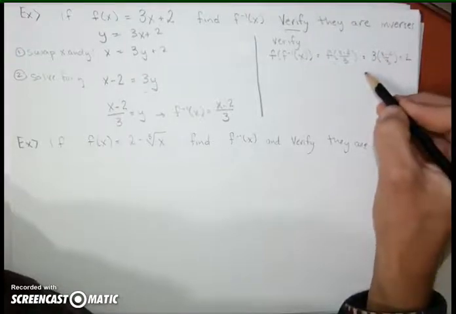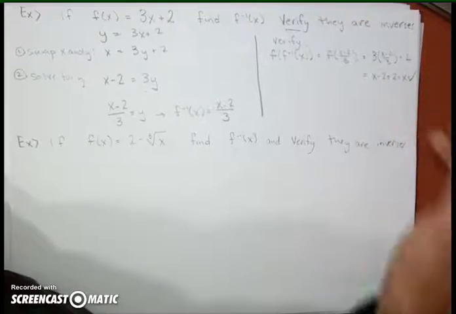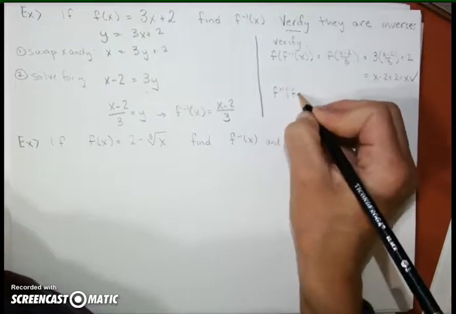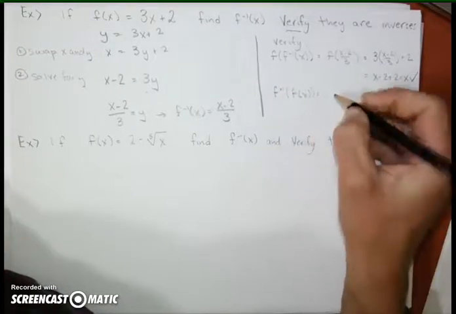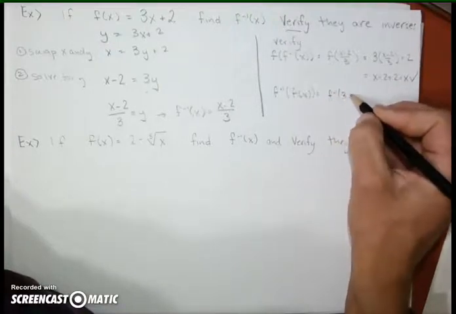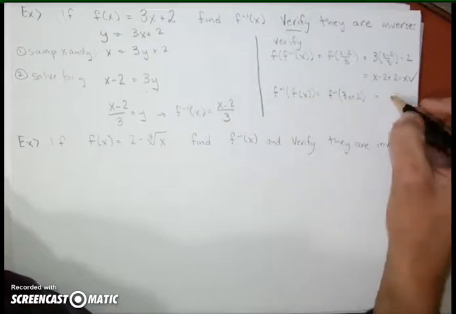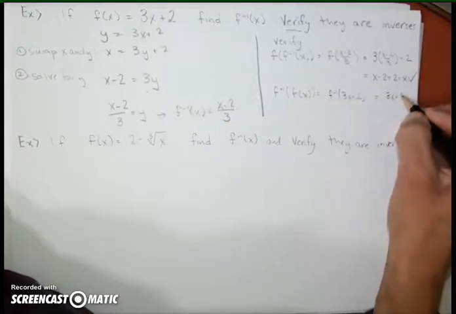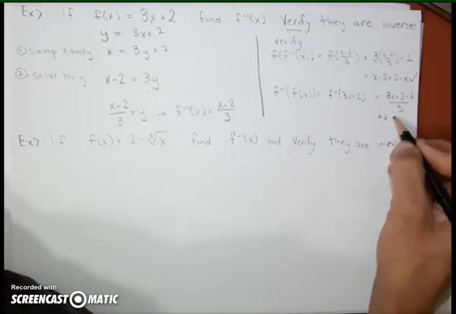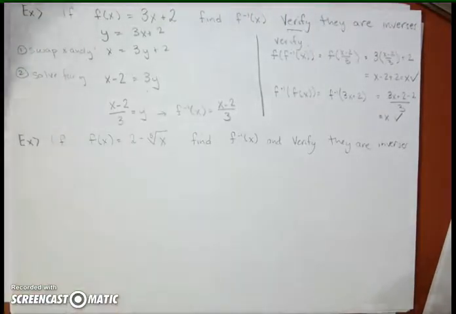The 3's cancel here, so I get x minus 2 plus 2, which is x. So that direction checks out. Now if I do f inverse of f of x, then I'm doing f inverse of 3x plus 2. I plug that in for x into the inverse function. So I have (3x plus 2 minus 2) over 3. Easy to see that that's also x. So they are in fact inverse functions. Let's do another example.